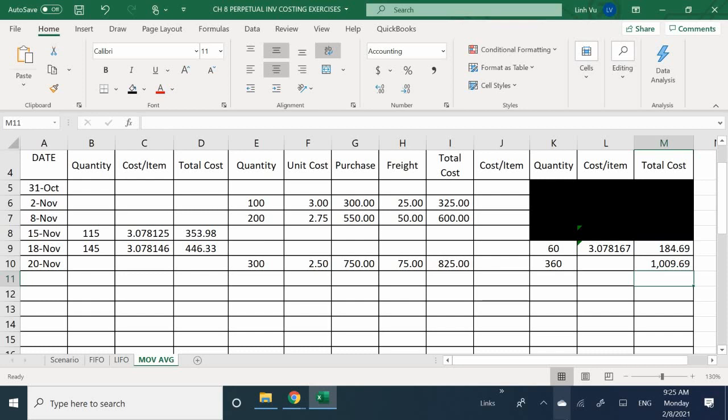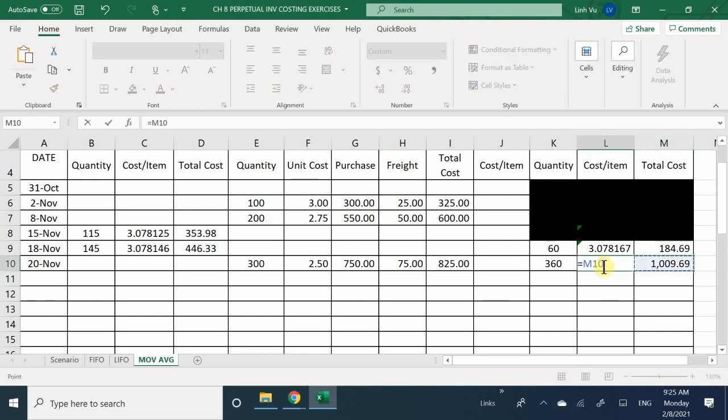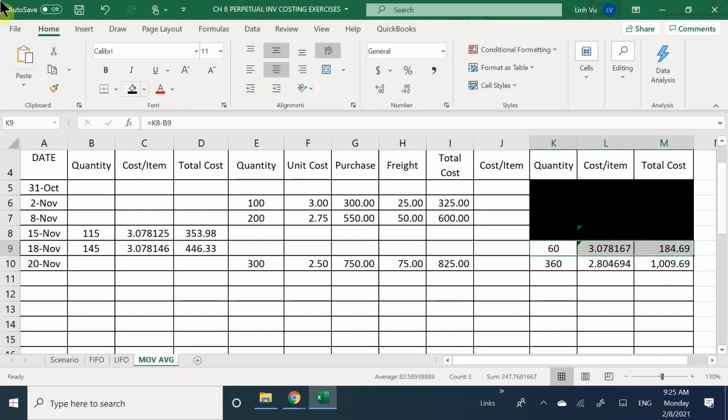And then lastly, what is my new average cost per item? 2.80469. Good.